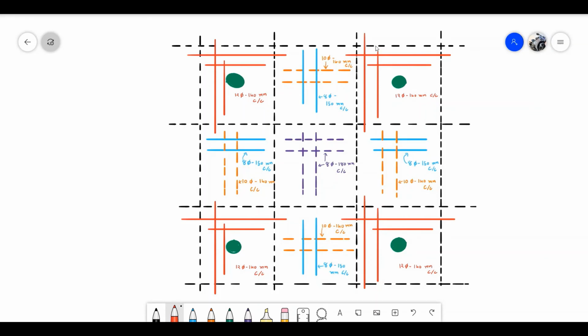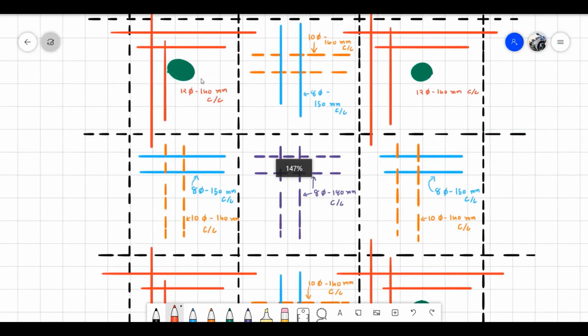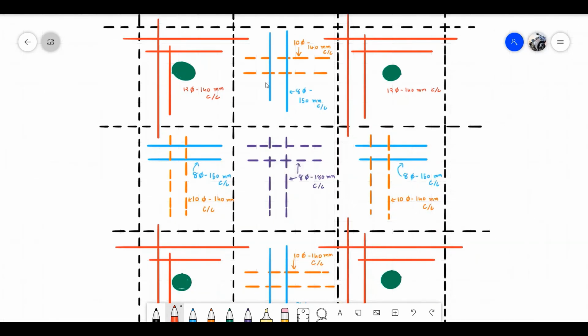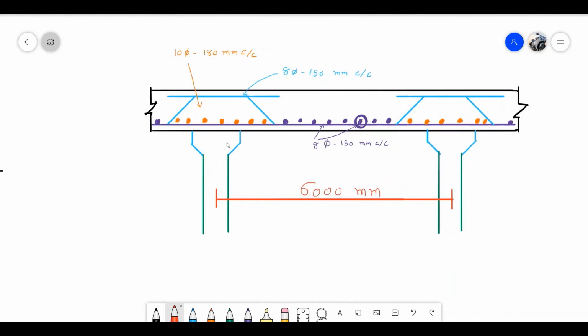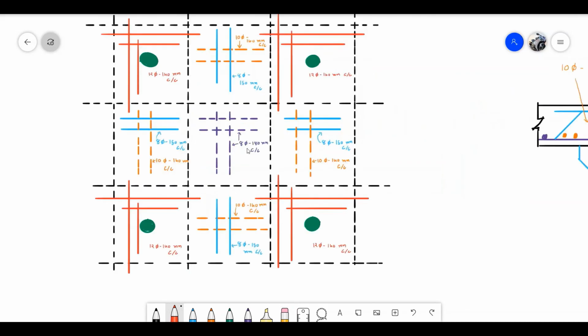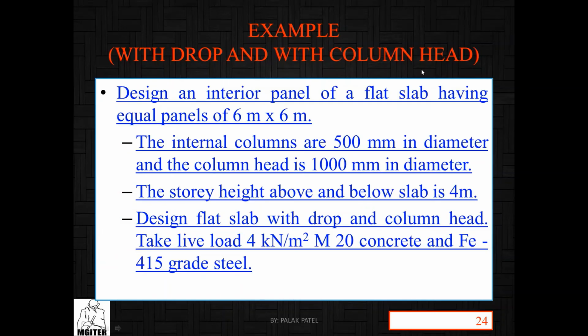This is 12 mm diameter at 140 mm center to center on the column strip as well as on the middle strip. Here is a cross section of the middle strip, you can see 6000 mm middle strip. So here the flat slab design sketch with drop and column head is completed.